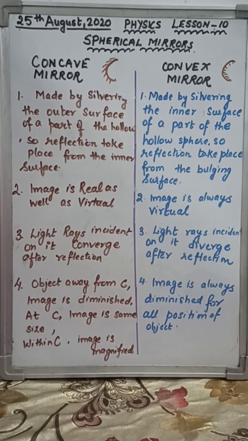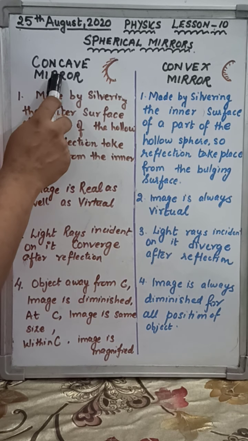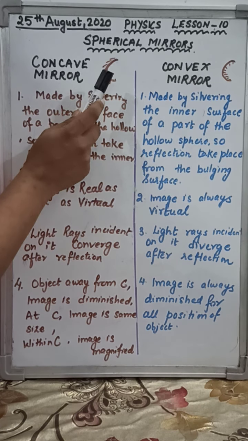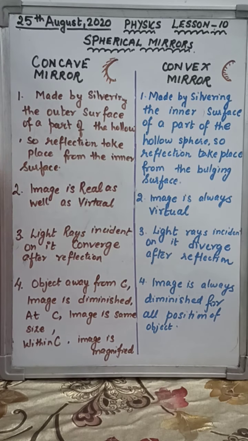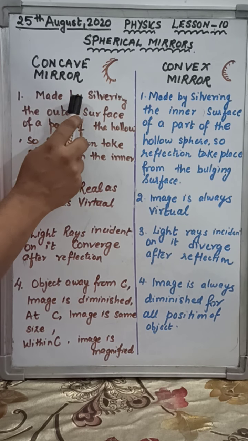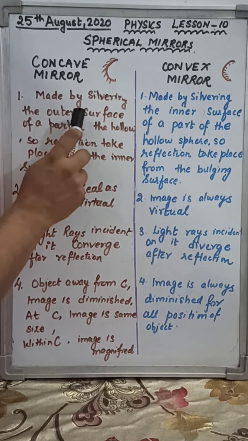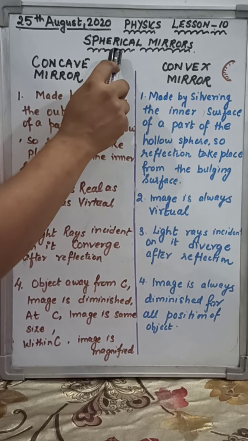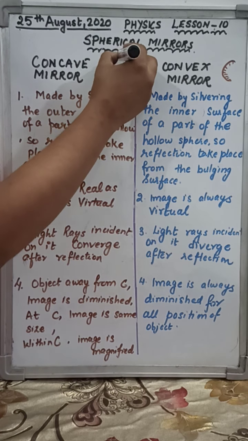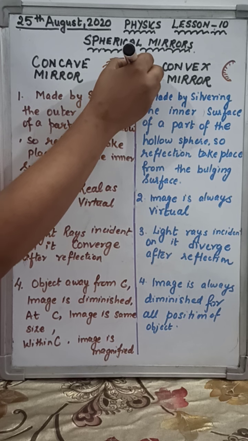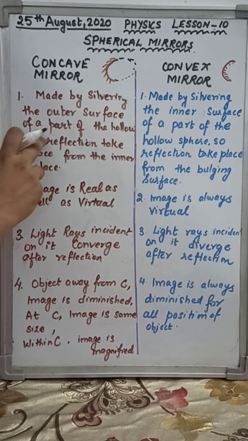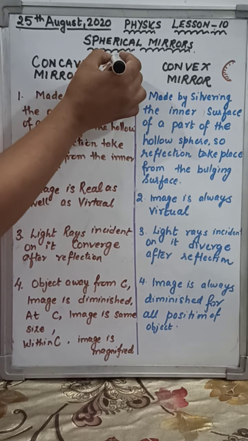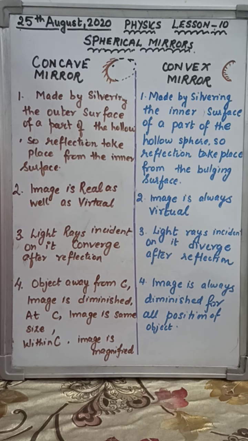Now we will see the difference between a concave mirror and a convex mirror. This is your concave mirror and this is your convex mirror. The first point: the concave mirror is made by silvering the outer surface. So you have silvered the outer surface of this hollow glass sphere, so the reflection will take place from the inner surface.